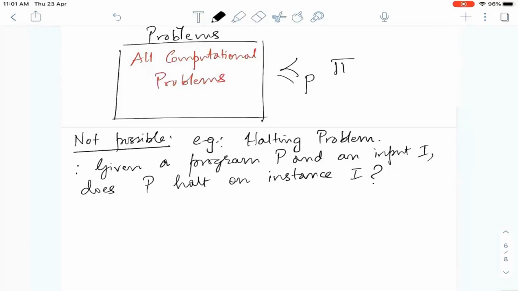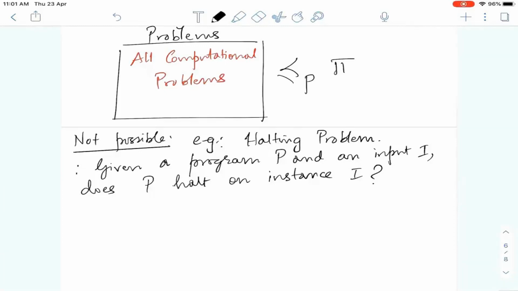Now it turns out that this problem is essentially unsolvable. In technical terms, we call these problems undecidable, but essentially it means that it cannot be solved by any reasonable algorithm. So forget about efficiency, running time, anything.